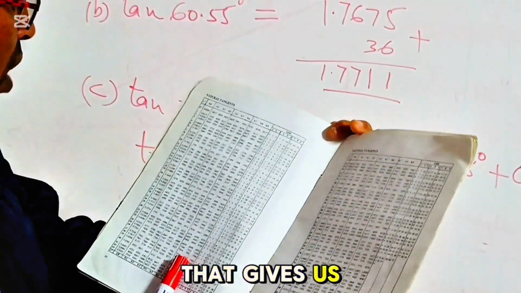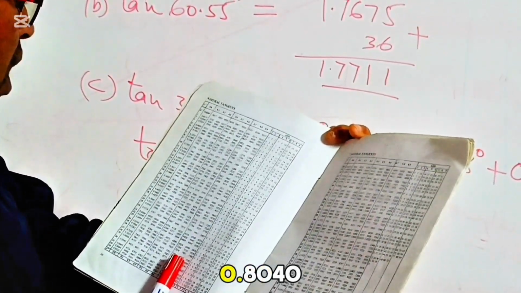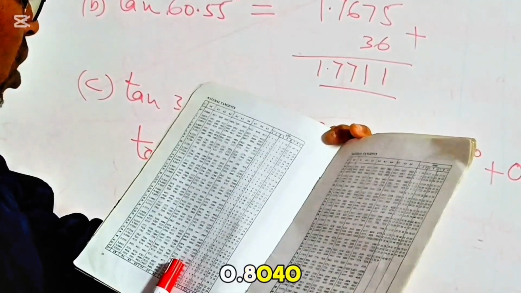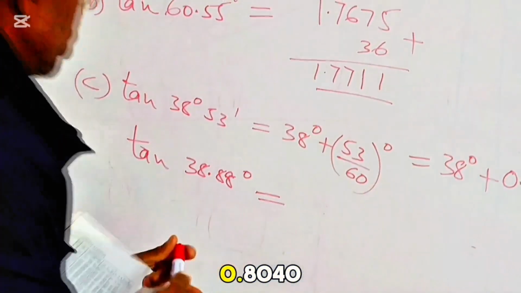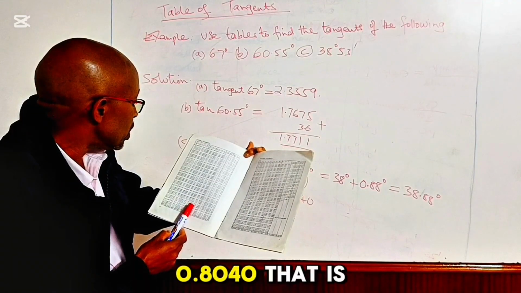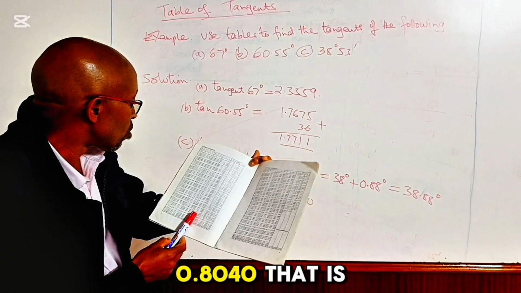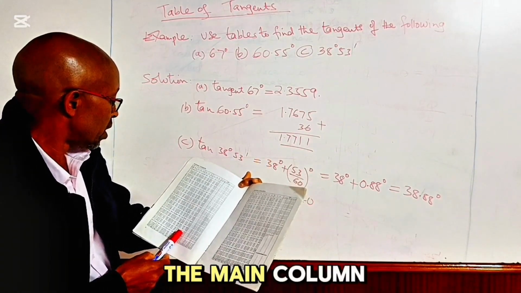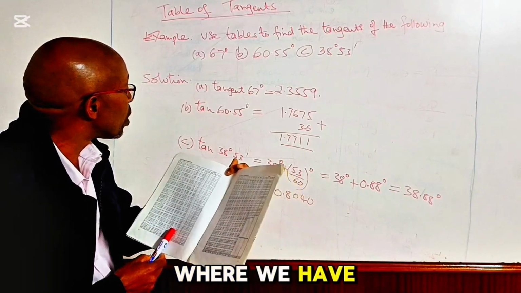That gives us 0.8040. That is the main column where we have 8.